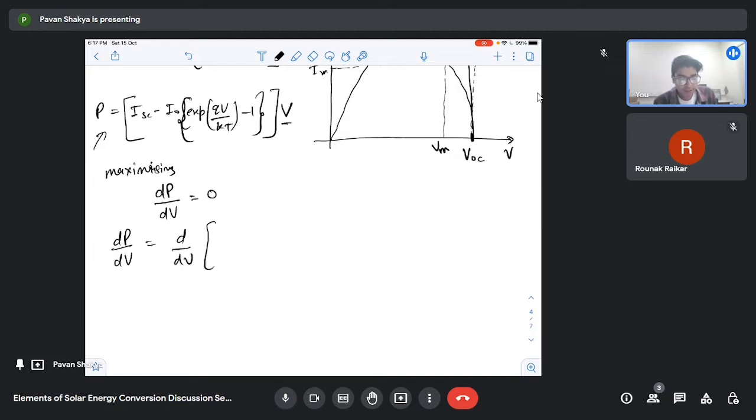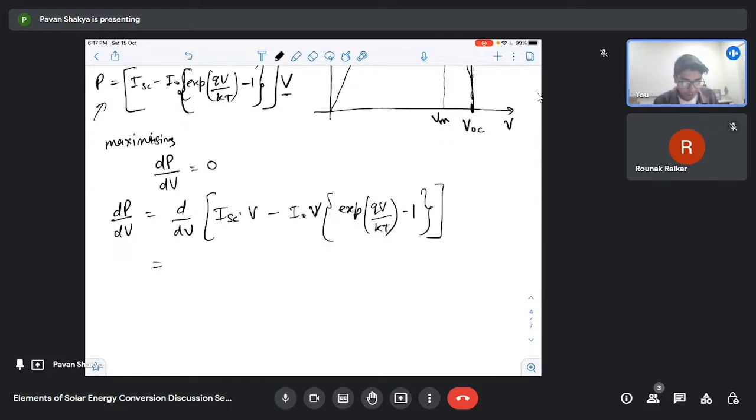I'm just taking this V inside, so ISC V minus I naught V exponential of QV by KT minus 1.